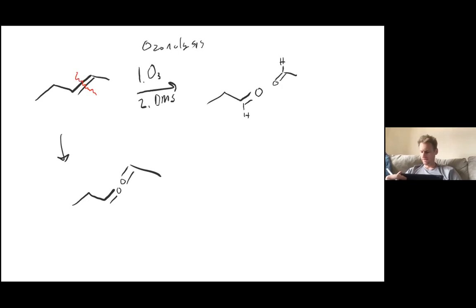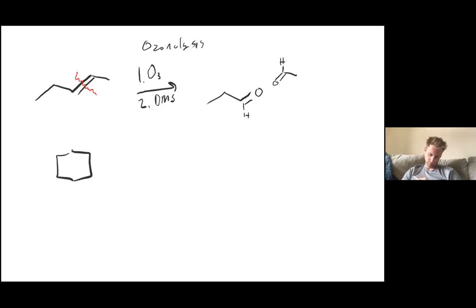If I have one that is in a ring, so for instance, get rid of this. This here, if I add an O3, when I cleave this bond here, it's still attached to each other by the ring itself.